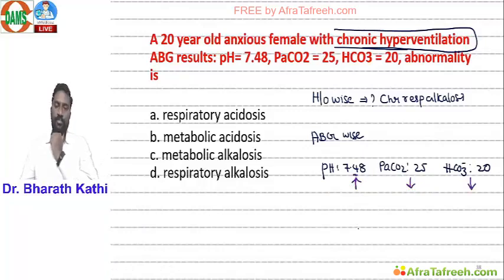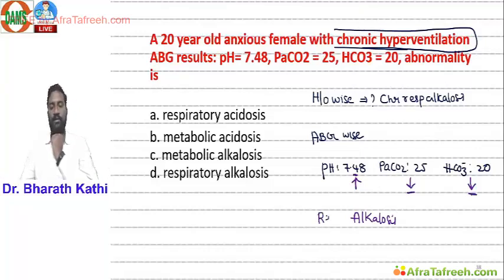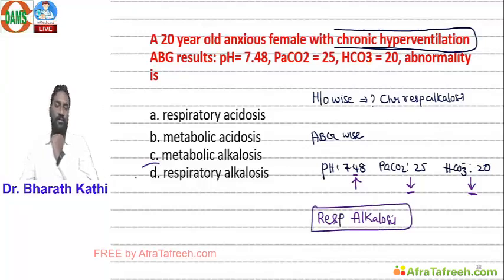Anywhere increased pH is alkalosis. Change in pH with respect to parameters opposite. So what should be the primary? Respiratory. Very simple. Answer is respiratory alkalosis.